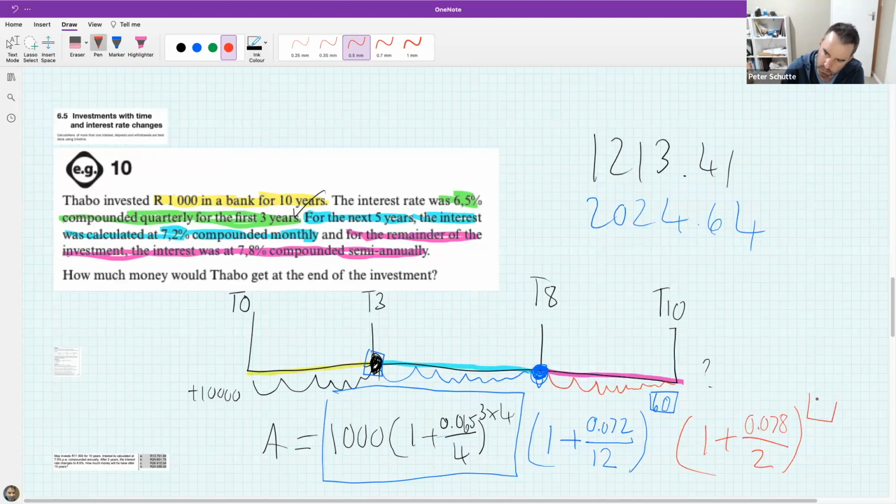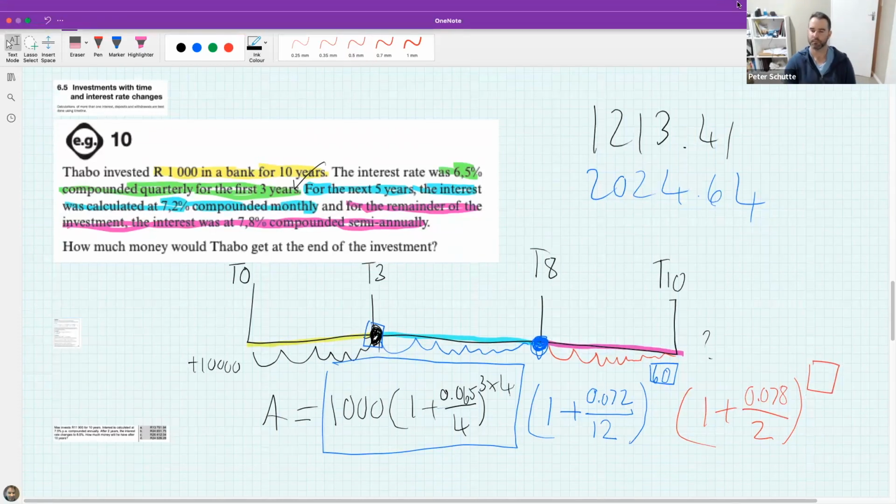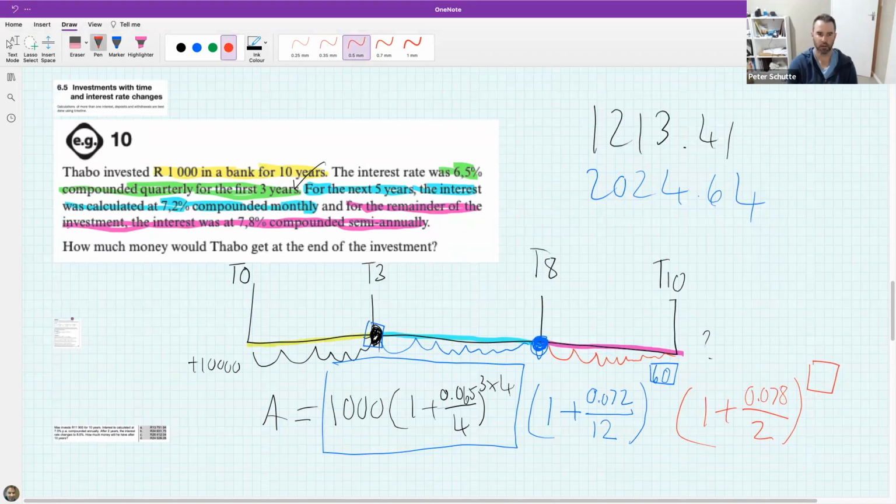What's the thing up here going to be? Because it's 2 years, and there are 2 six-month periods in each, this should be 4, or 2 times 2.